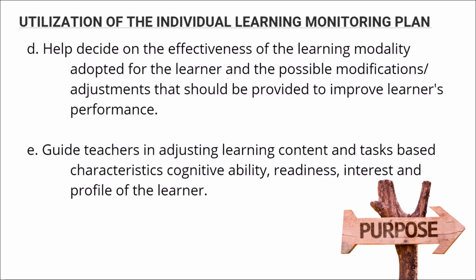Okay, so if it's not, we need to explore other modalities at the same time. Or since the backbone of the distance learning modalities is the modular approach, we need to ask ourselves, what are the possible other alternative modalities that we can supplement with the current modality?